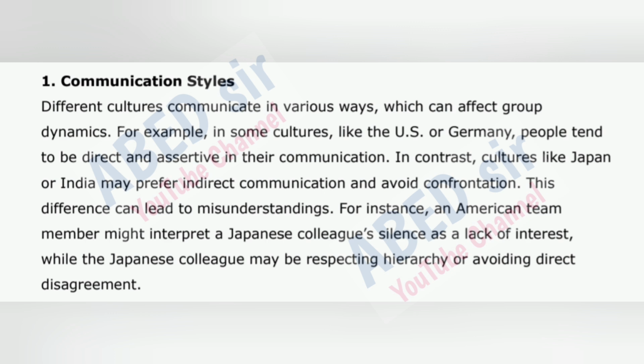This difference can lead to misunderstandings. For instance, an American team member might interpret a Japanese colleague's silence as a lack of interest, while the Japanese colleague may be respecting hierarchy or avoiding direct disagreement.